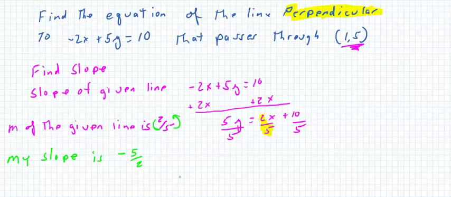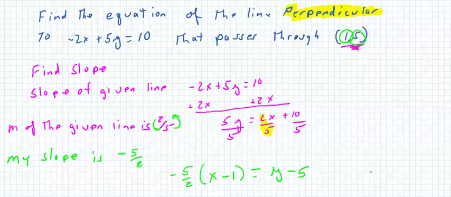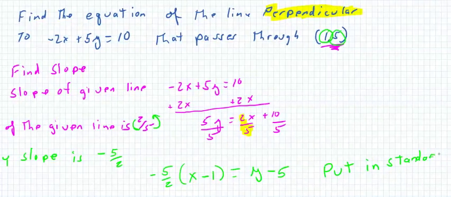And my equation is negative 5 over 2 times x minus 1 equals y minus 5. And then, just like we have the last 2 days, put in standard form. All right, and that's it.